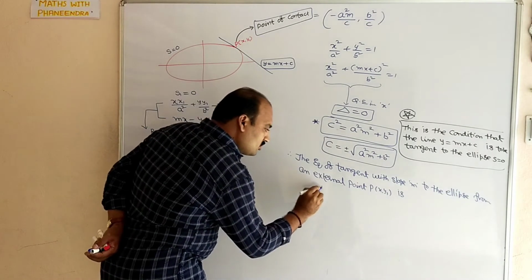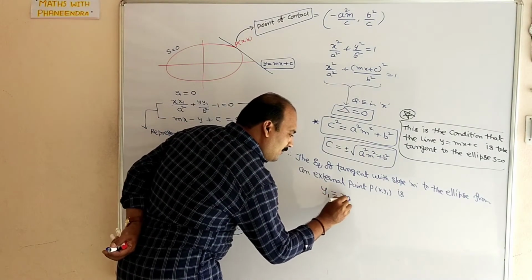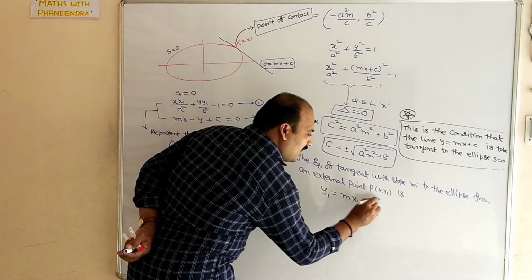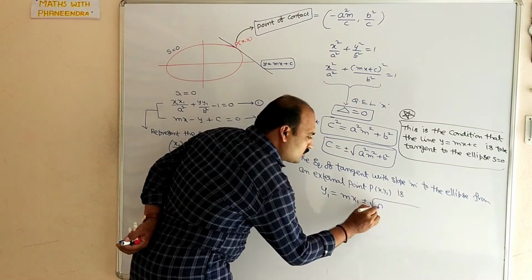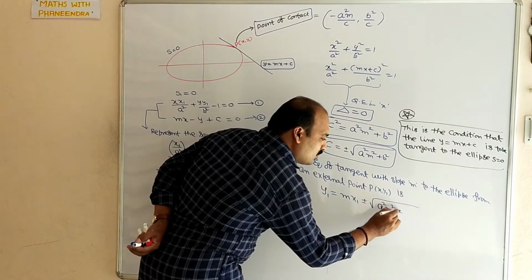So y1 is equal to mx1 plus or minus root of a square m square plus b square in place of c.